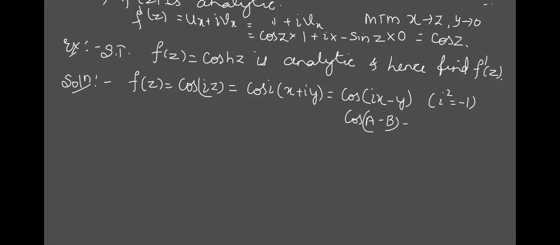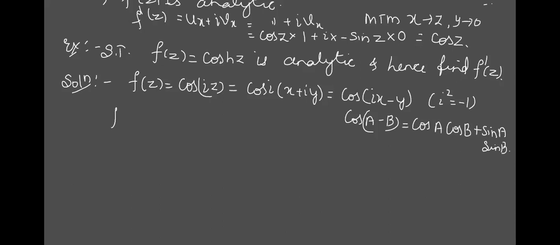What is cos of a minus b? Cos a cos b plus sin a sin b. Very good, this is important. If minus is there in between, you will get plus.